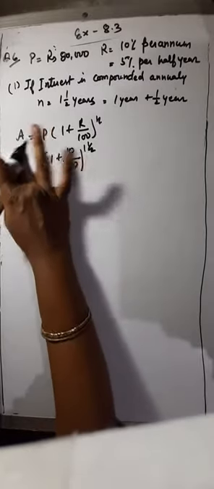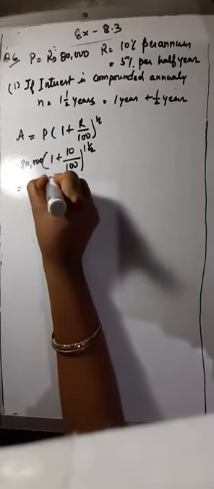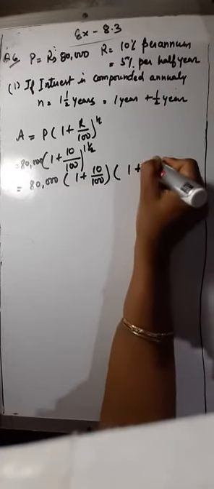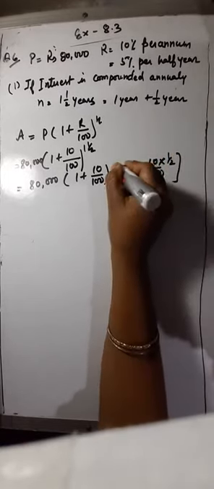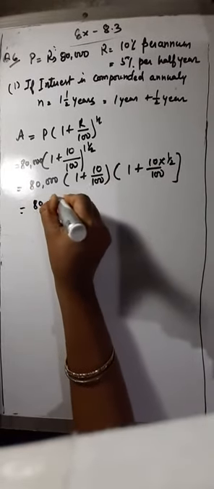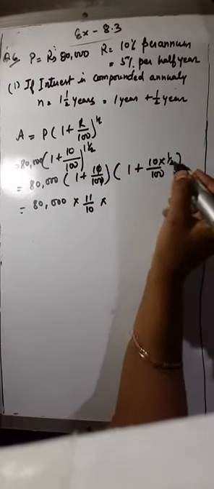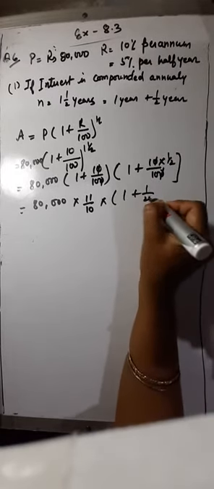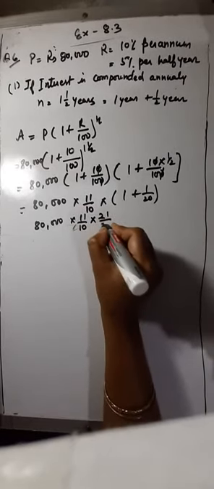That means, 80,000. Here we put 80,000 (1 + 10/100) into (1 + (10/100) into 1/2). 80,000 into 11 by 10 into (1 + 1/20). 80,000 into 11 by 10 multiplied by 21 by 20.